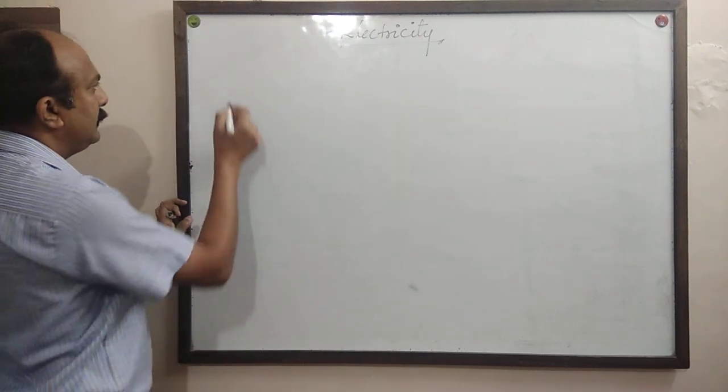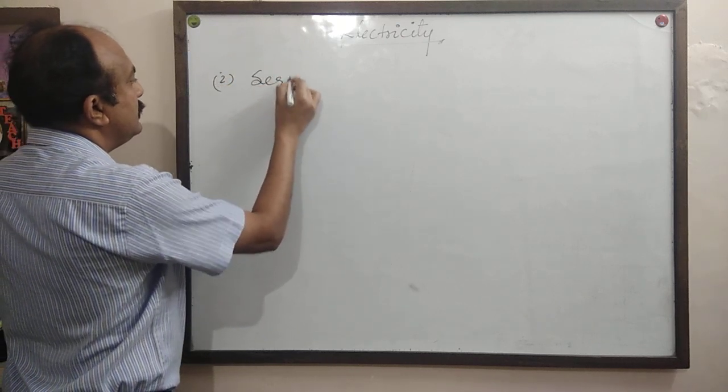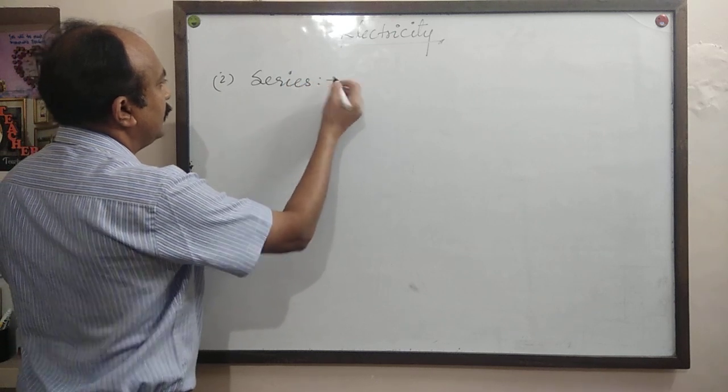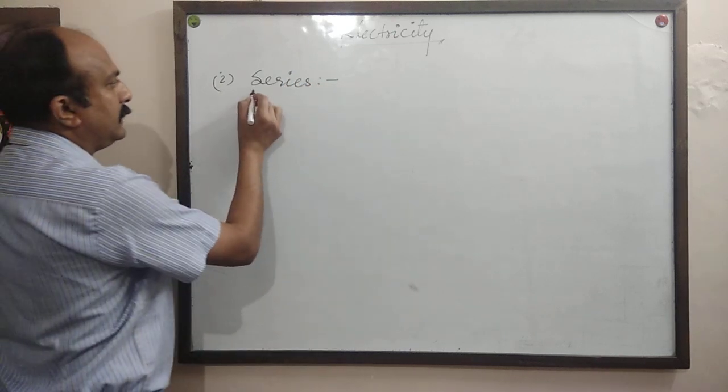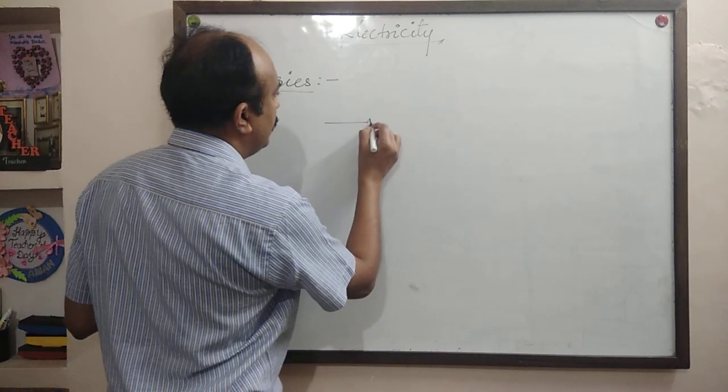The first one is called series combination. The resistors can be connected in series. What do you mean by series combination?